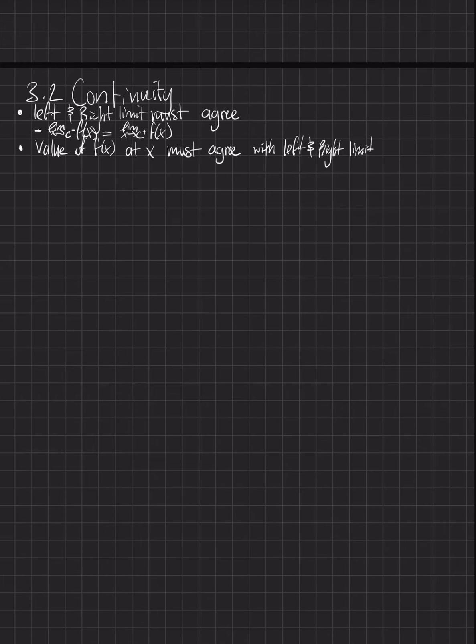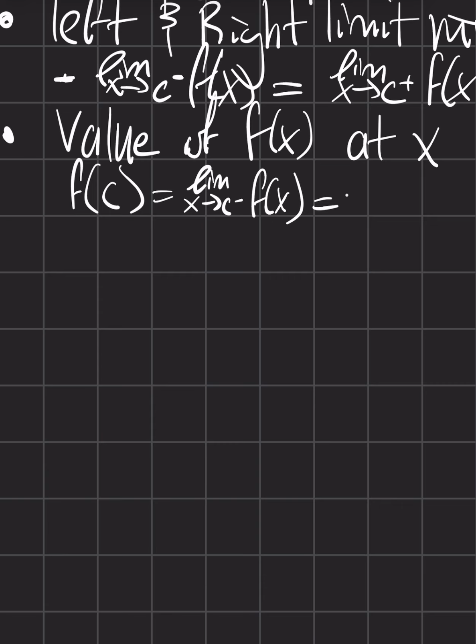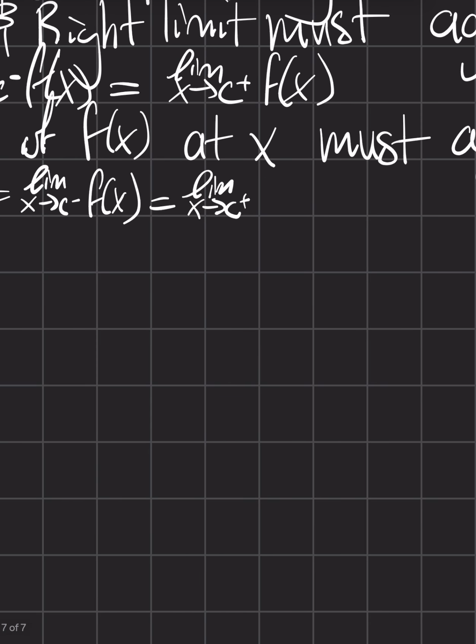So, what this looks like mathematically is that f of c must be equal to the limit as x approaches c from negative infinity of f of x, also needs to be equal to the limit as x approaches c from positive infinity.